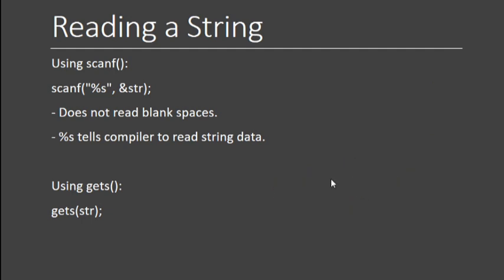In this way I can use scanf also. Percentage s is used to read a string from the keyboard and place it into the variable; because I declared str as a character variable, it stores it without using ampersand. It does not read blank spaces. Percentage s tells the compiler to read string data. Clear? Two ways are there, gets function and scanf function, to read data from the keyboard.